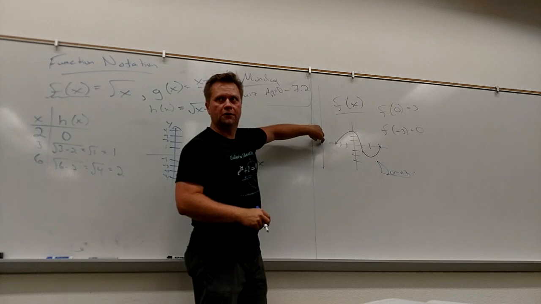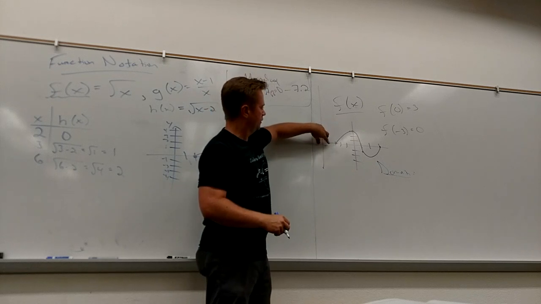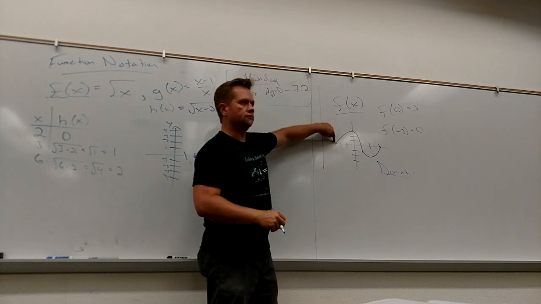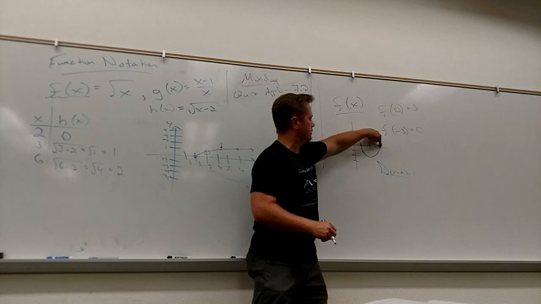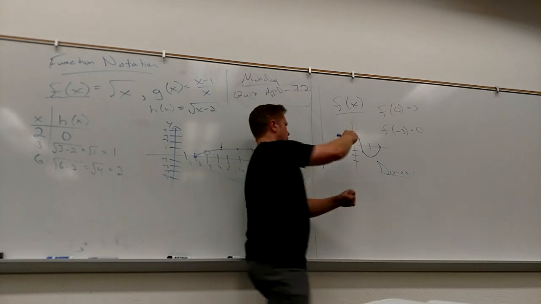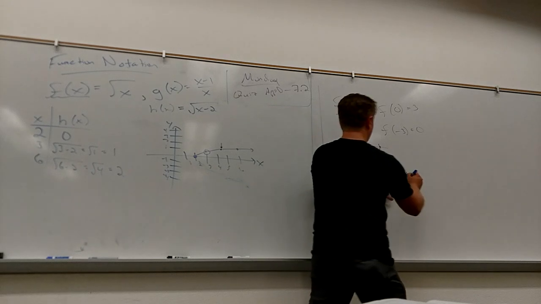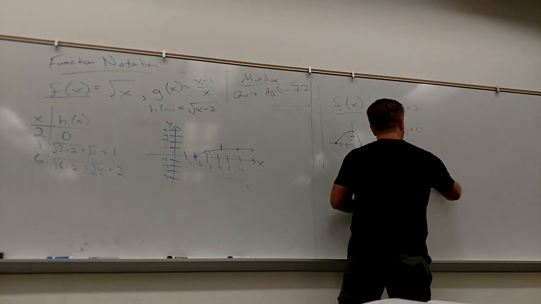The first time he sees the graph is at negative 3, and it keeps having outputs all the way until he gets to 3. So what x values have outputs? Negative 3 to 3.